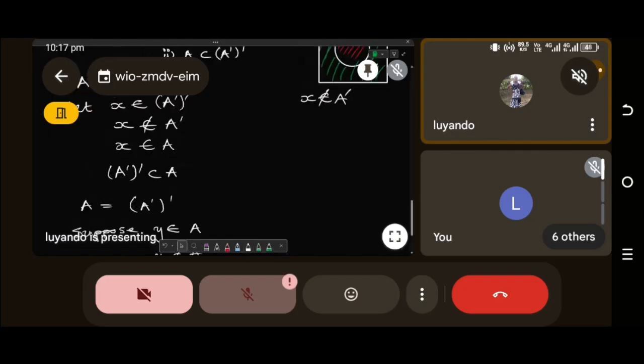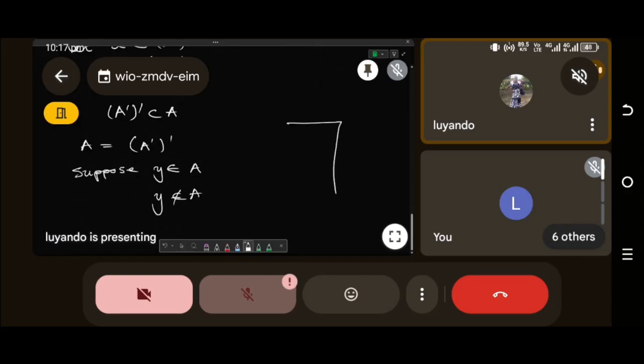If you look at the Venn diagram, let me draw it again so that we can be clear. We look at our Venn diagram here.